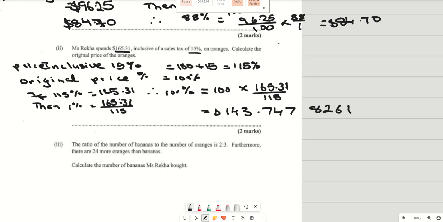Now we know we're talking about money, so money only has 2 digits after a decimal point. So it's going to be 1, 2, and then you draw a line. Anything after the line, check if the number after the line is 5 or more. 7 is more than 5, so you have to add 1 to the digit in front of the line. So your answer is going to be $143.75. Alright, and that would be the sum.